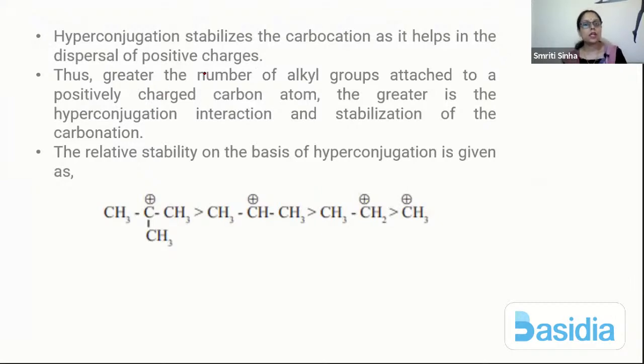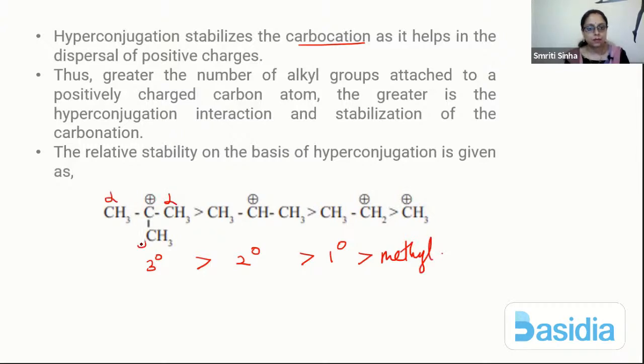Now hyperconjugation effect stabilizes the carbocation. You can see that tertiary carbocation is more stable than secondary, secondary is more stable than primary, and primary more stable than methyl. Why? Because in tertiary carbocation, you have 3 alpha carbons.